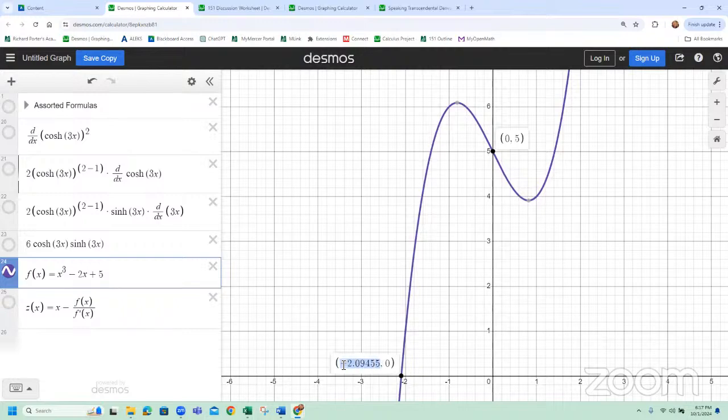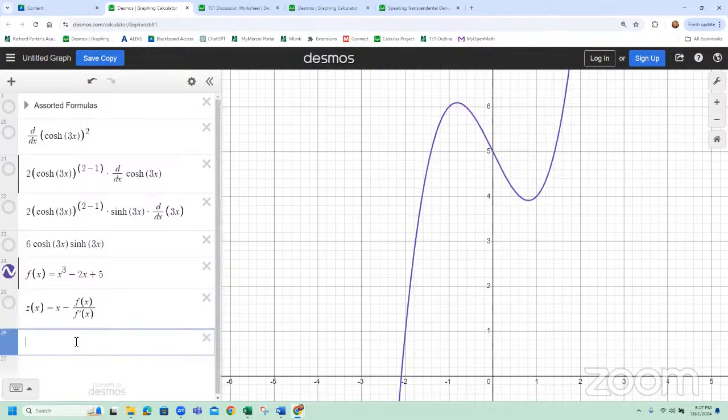So I'll take that and I'll put it into Newton's method. Now all I did was create a formula, so I could just type it in this way. Then you see that number didn't change any. 2.094552, 2.094551.